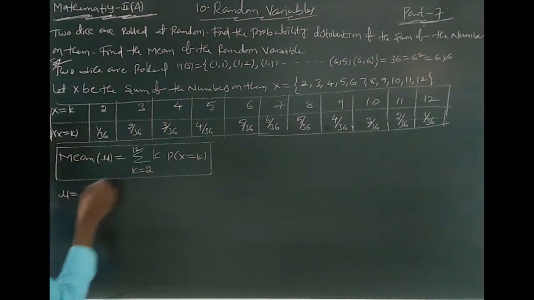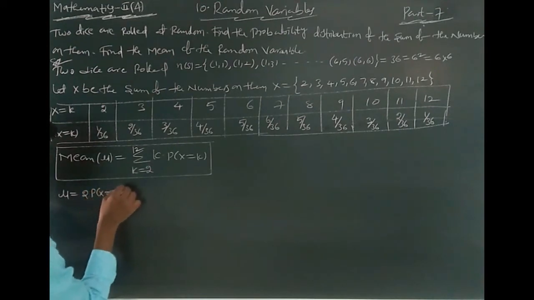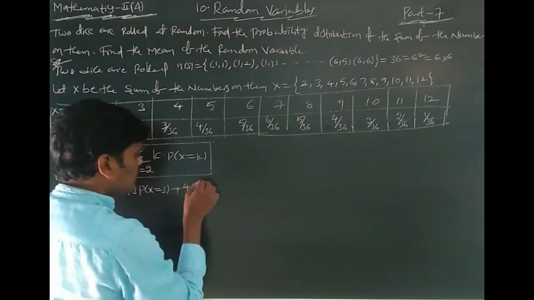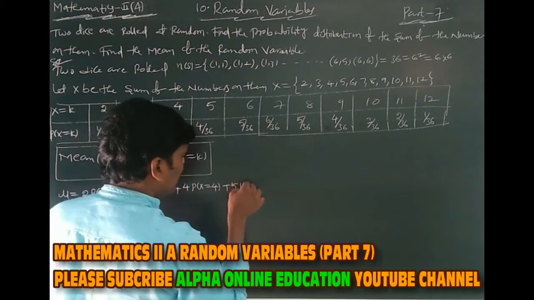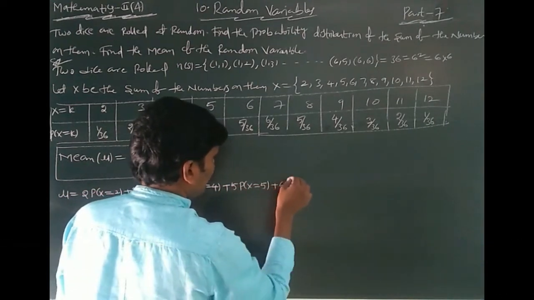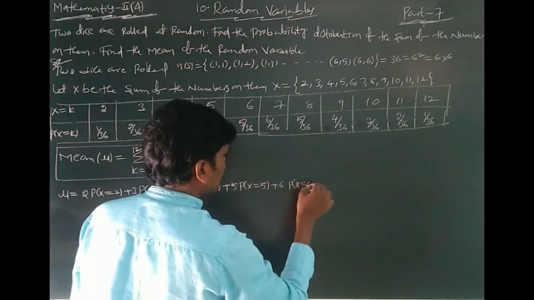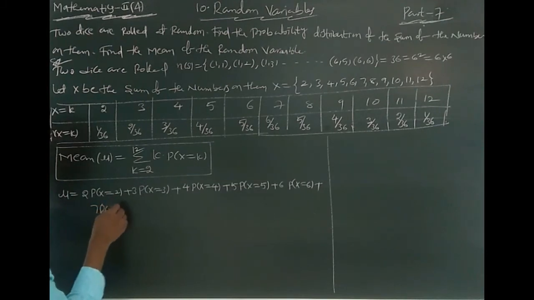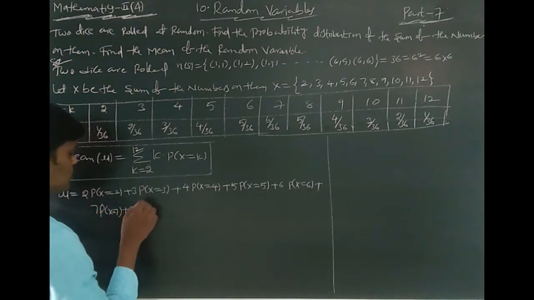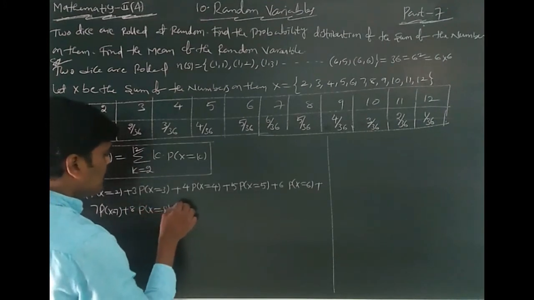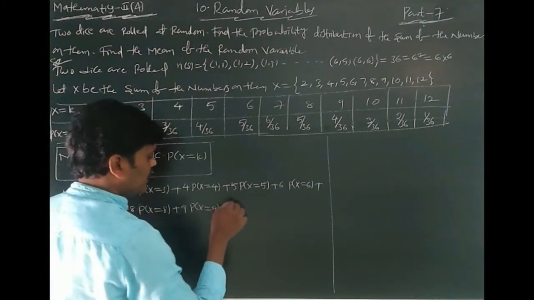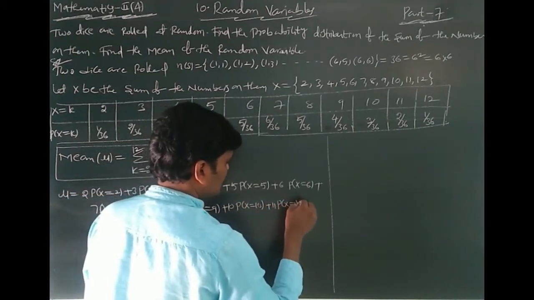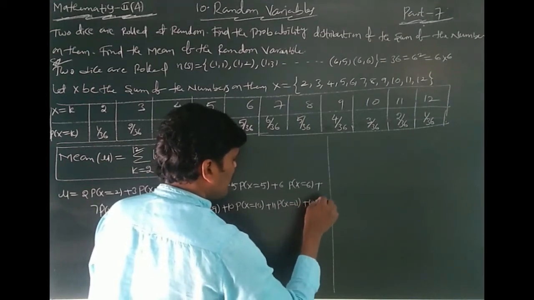You get mu equal to the first value 2 into P of X equal to 2, plus 3 into P of X equal to 3, plus 4 into P of X equal to 4, plus 5 into P of X equal to 5, plus 6 into P of X equal to 6, plus 7 into P of X equal to 7, plus 8 into P of X equal to 8, plus 9 into P of X equal to 9, plus 10 into P of X equal to 10, plus 11 into P of X equal to 11, plus 12 into P of X equal to 12.